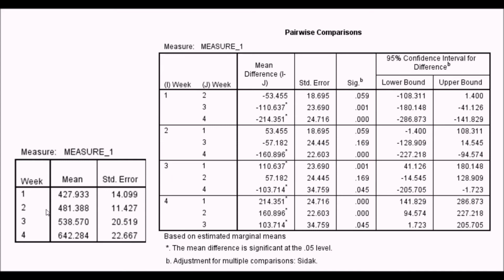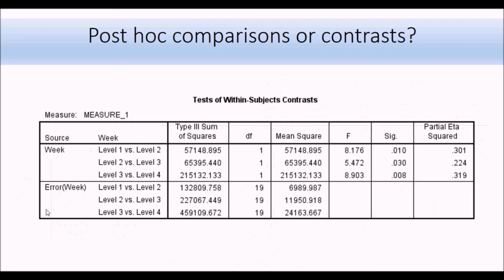So there's another option in SPSS, which is the contrasts option. And I chose before the repeated contrast, and I'll just run through what this has done now. So this contrast is also comparing two groups at a time. This time it's being more selective about the comparisons it makes.